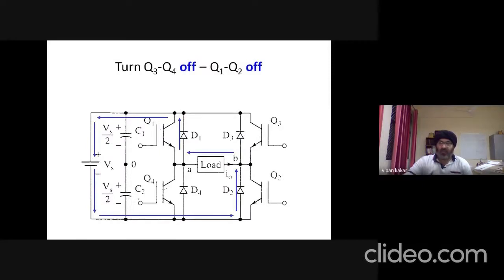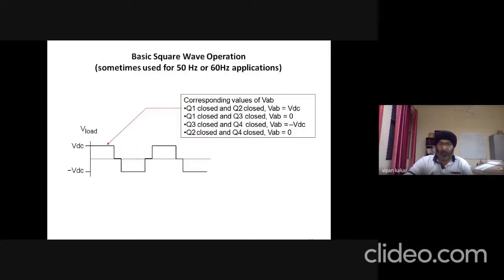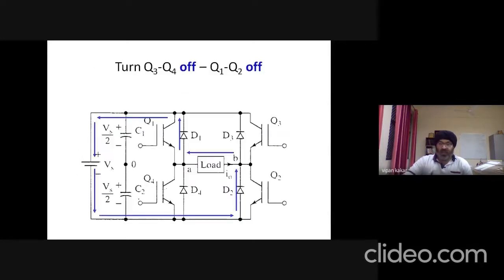Again, when all these switches are off, the current will follow this path, D2 from B to A through this load and then D1 and then back into the supply. So freewheeling keeps on happening in both directions, through D4 from A to B and then D3 and then back, and through D2 from B to A and then back.